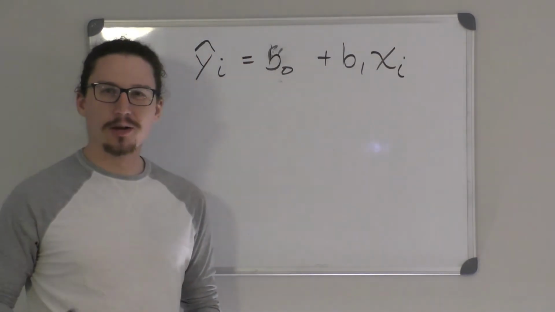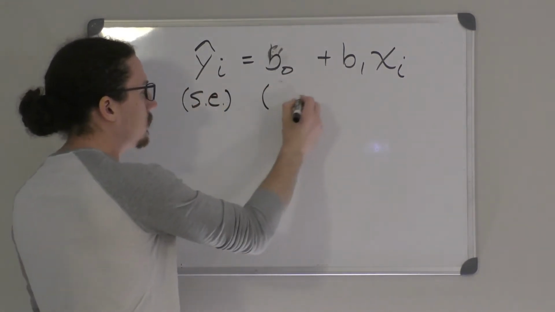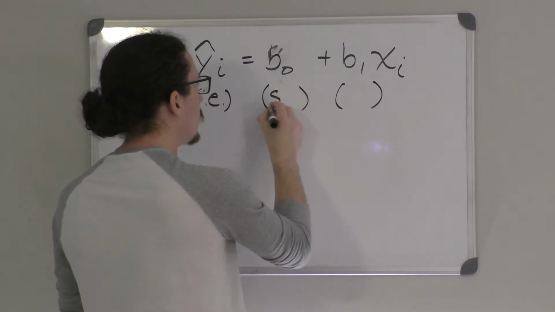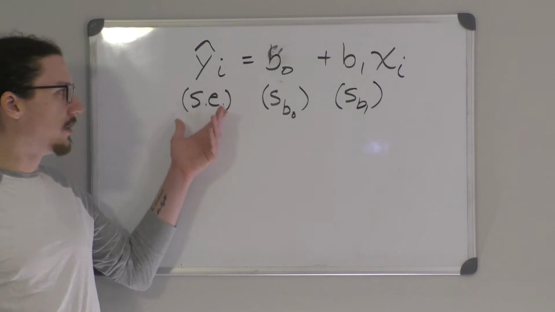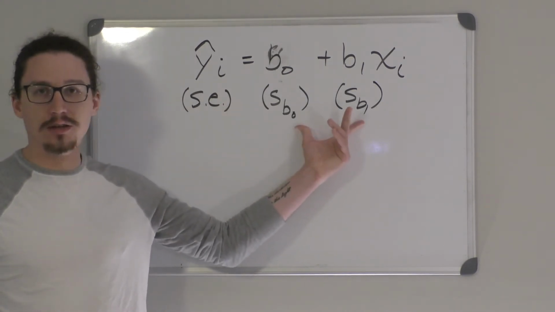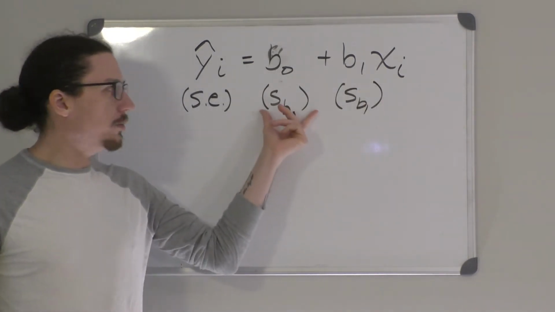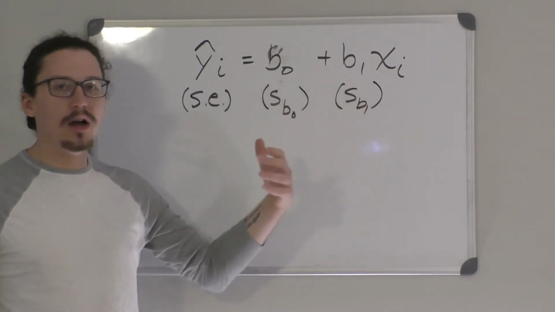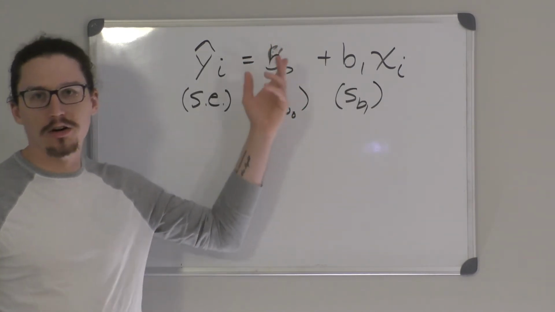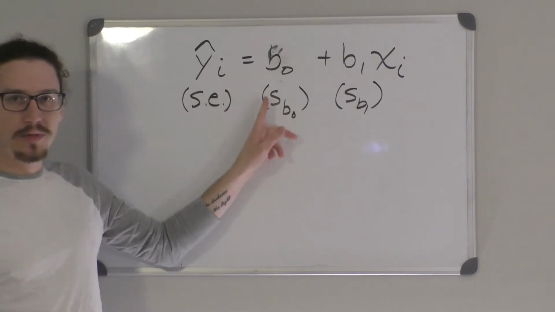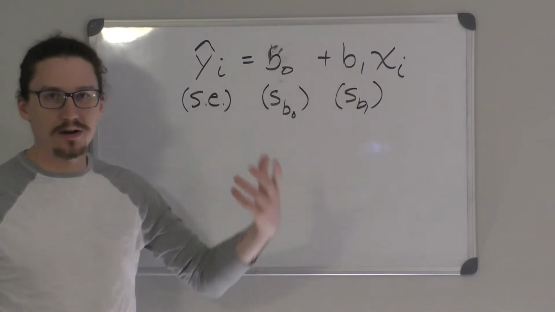Underneath the estimated regression equation there will be little brackets with numbers in them. Whatever coefficient it's under, that's the standard error for it. So this would be SB naught, the standard error for B naught, and SB1, the standard error for B1.